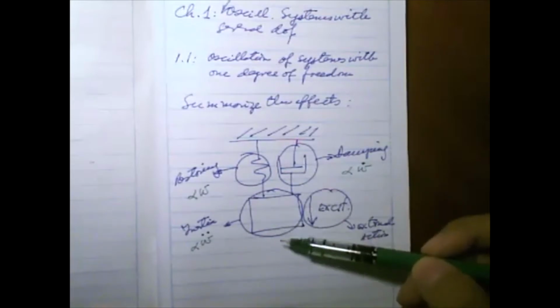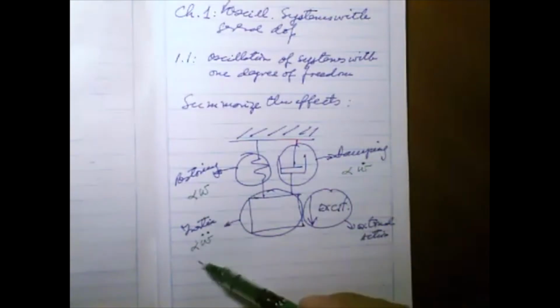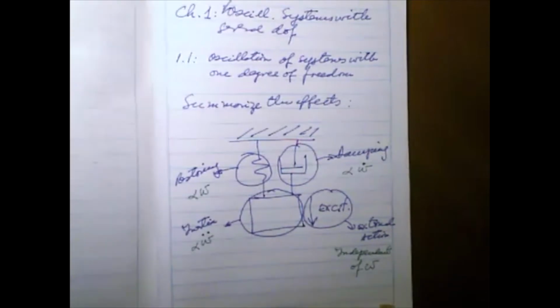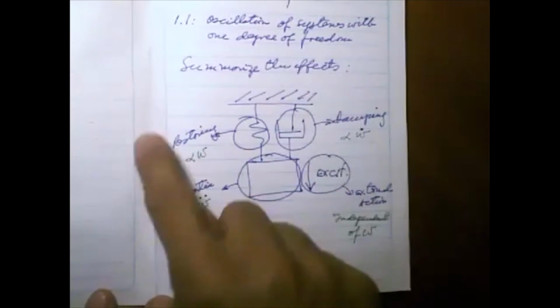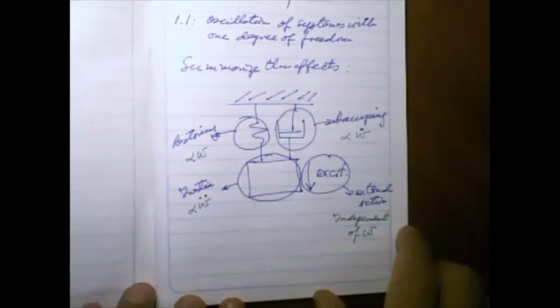That's the function that we are trying to analyze, because this is a system that needs only one single function. And this is independent of that. So in here, this is independent of W. Okay? So these are the effects that we'll be including in our analysis.